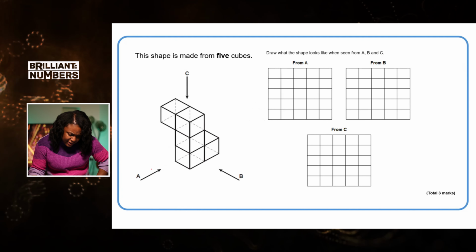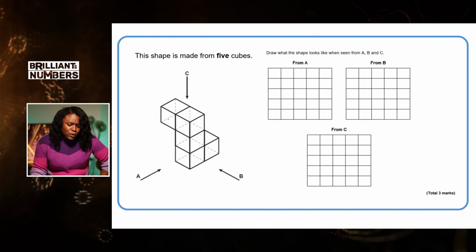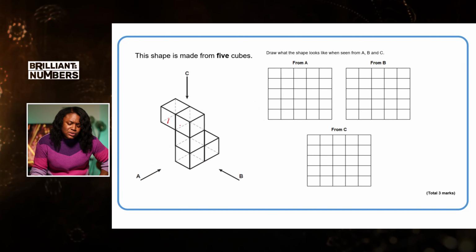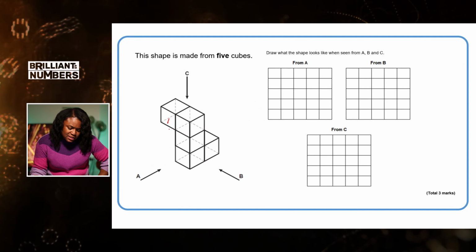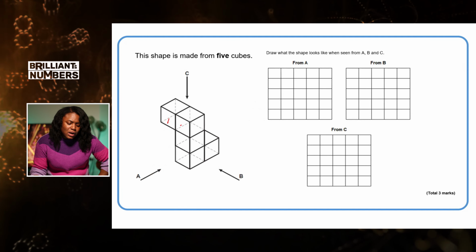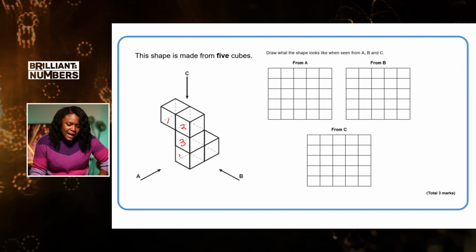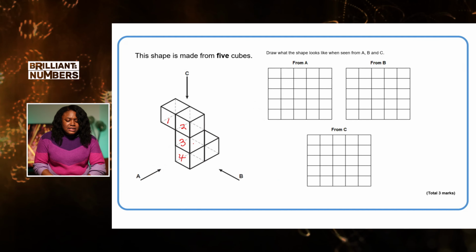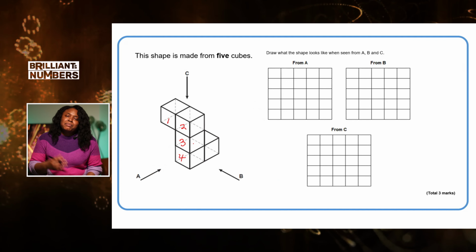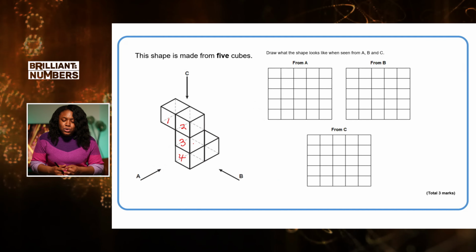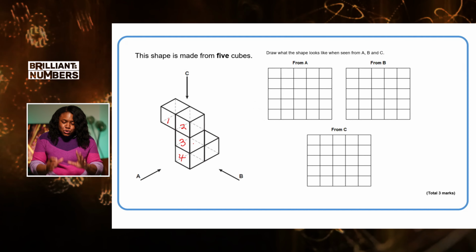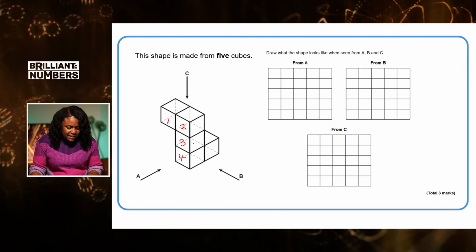I can see here, if I'm standing here, I'm going to see this cube. So I'm just going to label all the cubes I would be able to see. So I'll see cube 1, cube 2, cube 3, and cube 4. So that would be like an L shape, but standing upside down. I go to my grid and I draw exactly what I see.